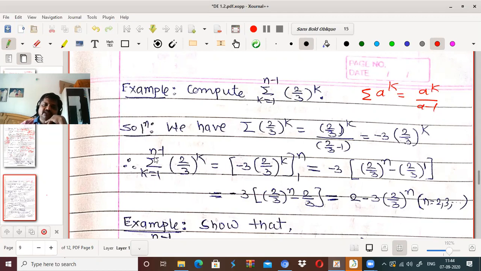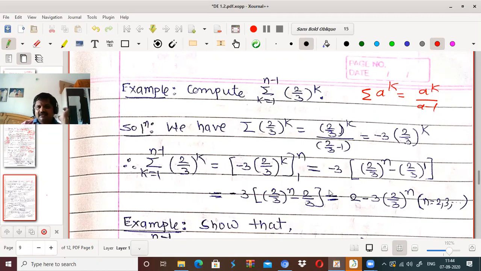Why 1 to n? You have to increase the upper limit by 1, so that's why it becomes 1 to n. Minus 3 as it is. Put k equal to n, that is (2/3)^n minus (2/3)^1, so minus 3 as it is, (2/3)^n minus 2/3.